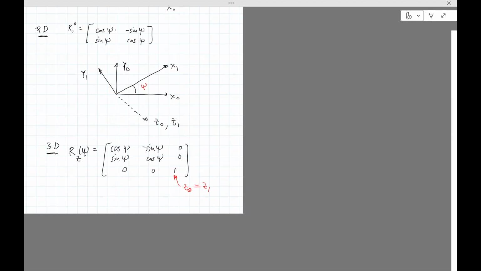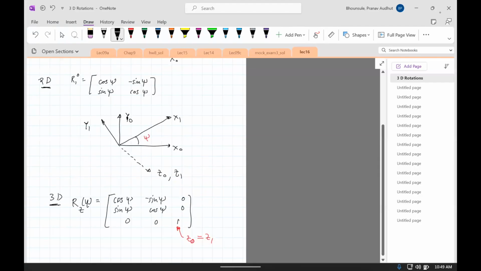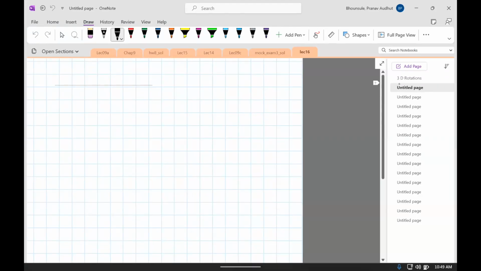It has the same form as a 2D rotation, except for that 0, 0, 1, which I added. Now, similarly, you could do the same thing for x and y. So I'll show you rotations about the x-axis and the y-axis. The rotation about the y-axis would have a 1 sitting at row 2, column 2.